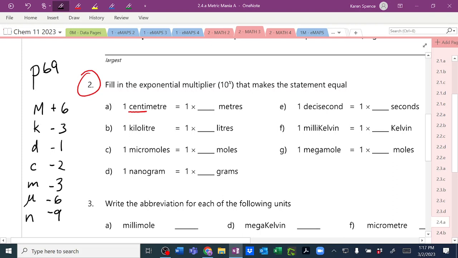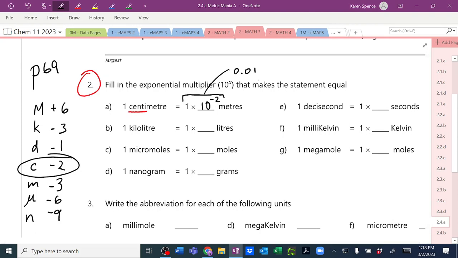So if I write 1 centimeter, I can actually replace the centi with 10 to the negative 2. So 1 times 10 to the negative 2 meters is 1 centimeter. Okay? And if you were to write 1 times 10 to the negative 2, that would actually be 0.01, and 0.01 meter is 1 centimeter.